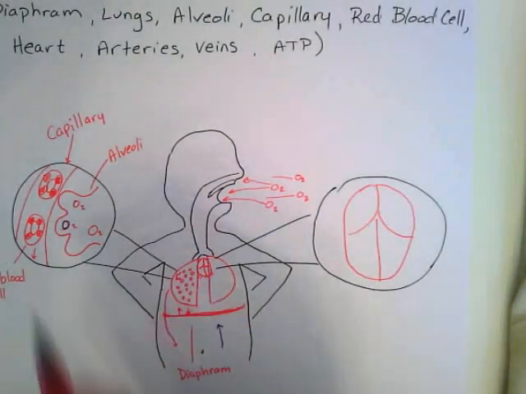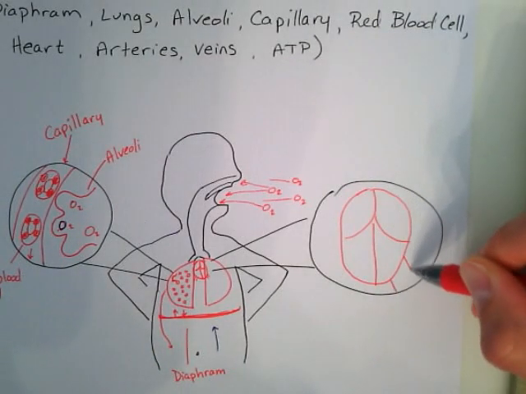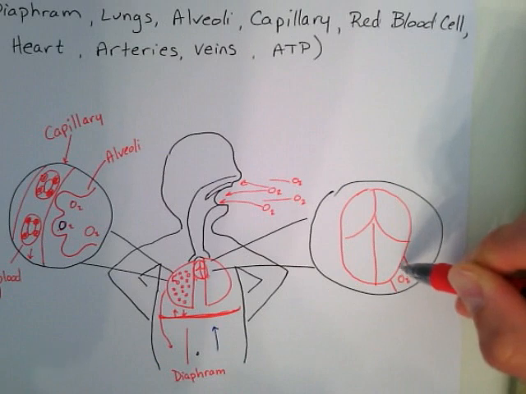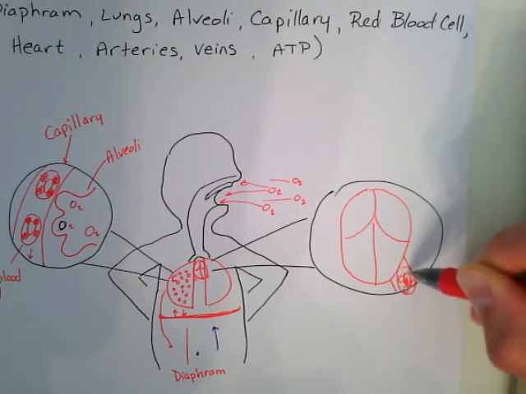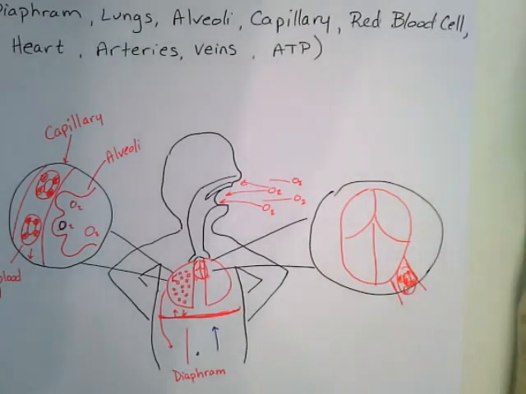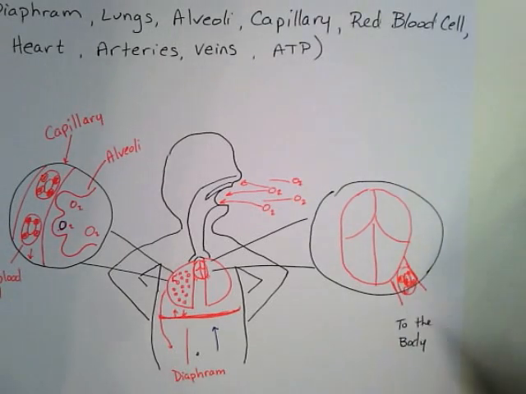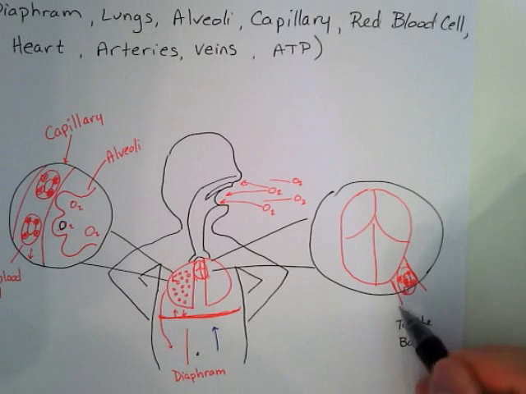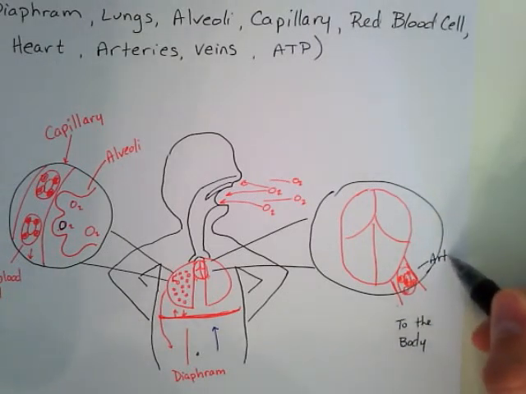And let's talk about what we were just mentioning, the oxygen leaving inside the blood vessel, or inside the red blood cell. And so this thing goes out to the body. And this thing that is carrying it with a whole bunch of other things, this is like the highway, this thing is called an artery.